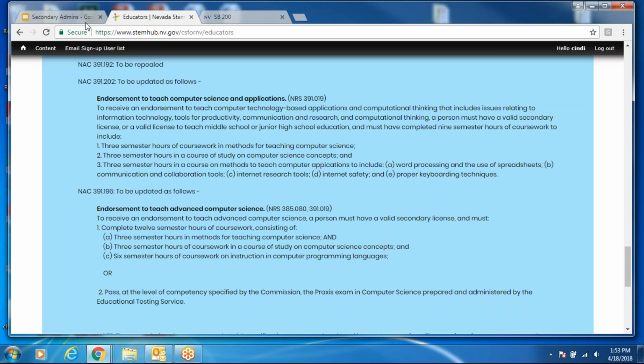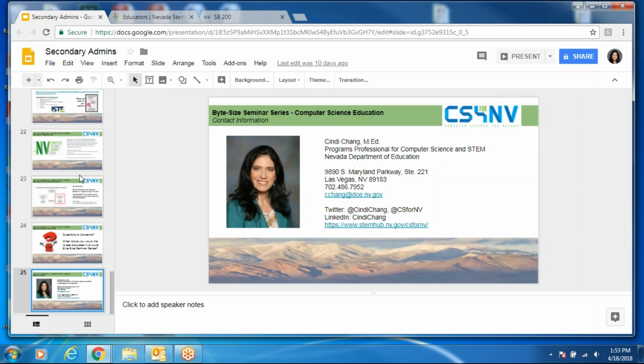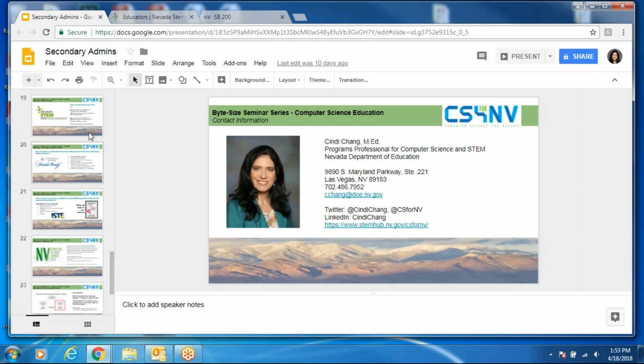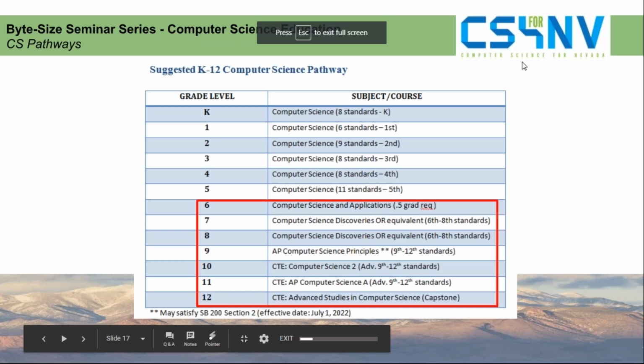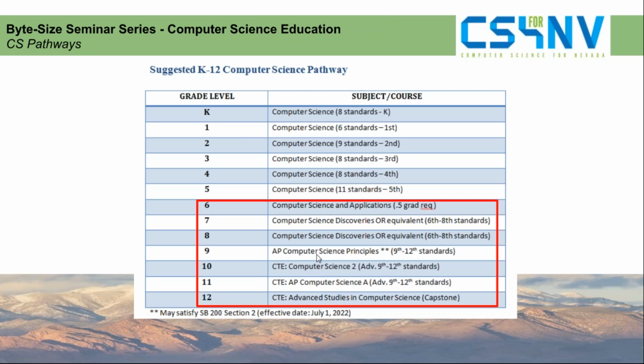Okay, so let me go back to this slide, I think is what you mean. Is it this one right here? Okay, so currently CTE is going through their rewrite, or they will begin shortly, probably in the fall. They'll do a rewrite of their pathway and their standards so that they can be in alignment with the computer science standards.